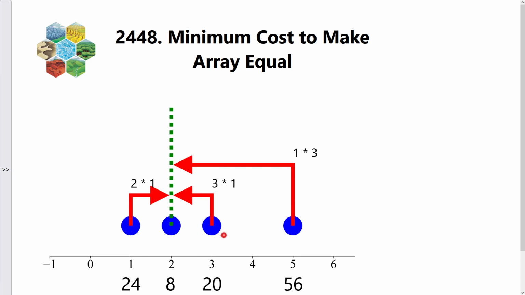Likewise, I'll calculate the cost for other dots, and finally, we add up all the costs together. We will have the total cost to move all the blue dots to 2.